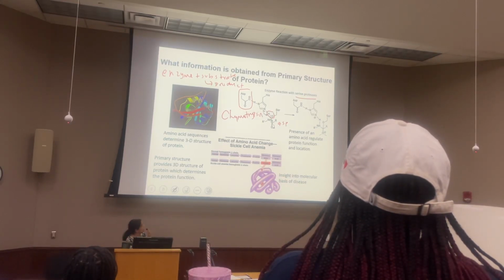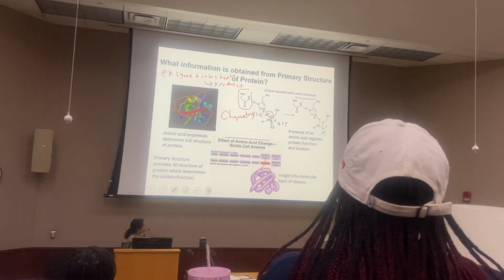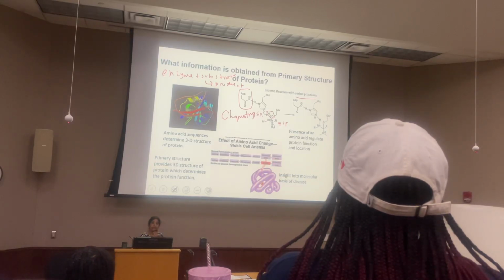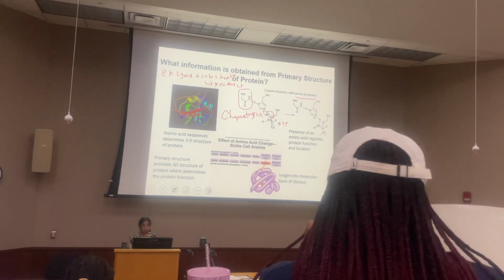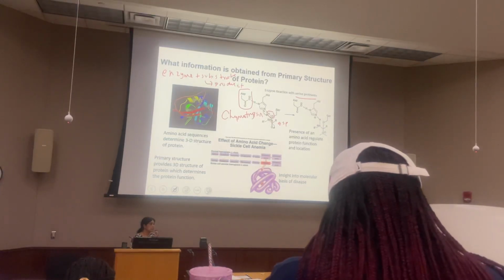This is important because if you know the primary structure, then after it folds you can figure out what's in the active site. Another thing we're going to look at is disease states, like hemoglobin. Hemoglobin has many different types of mutations that occur.